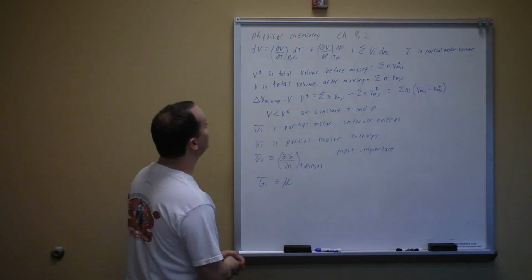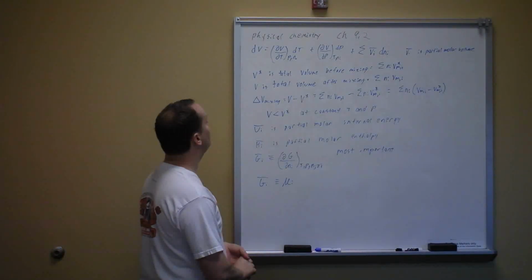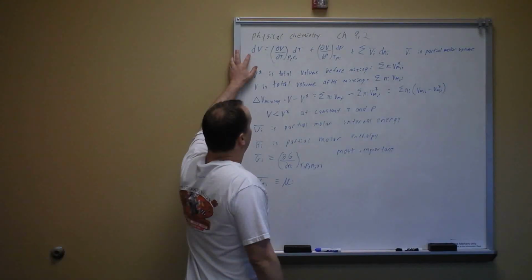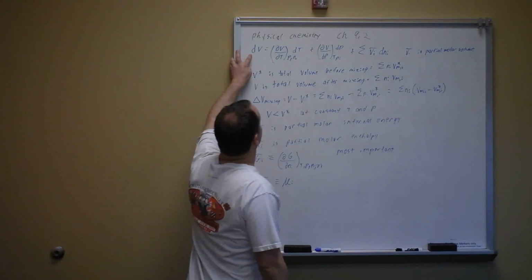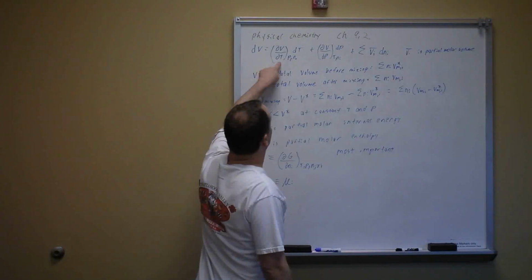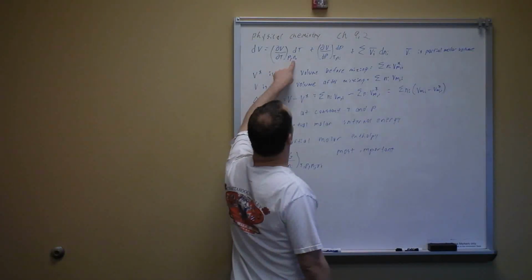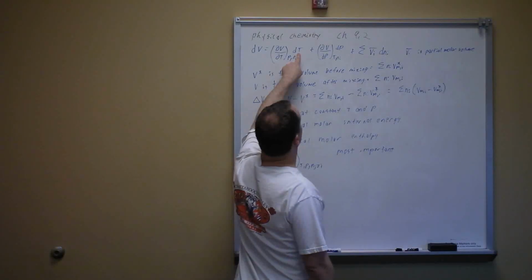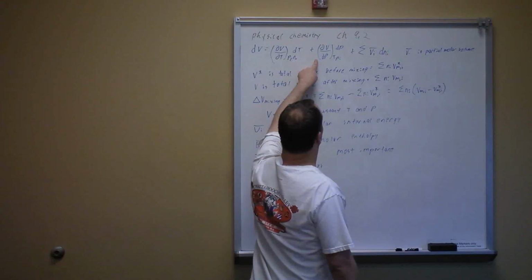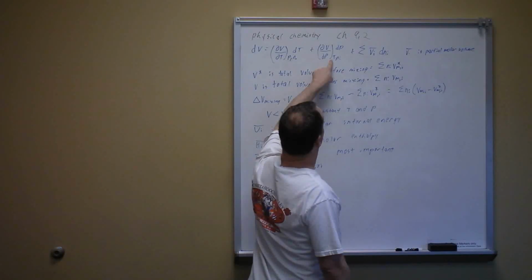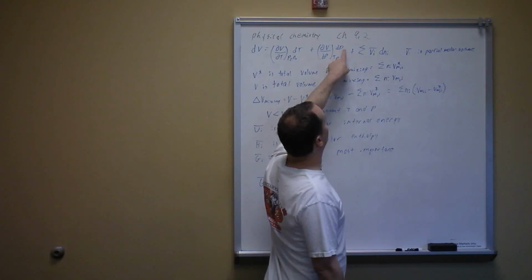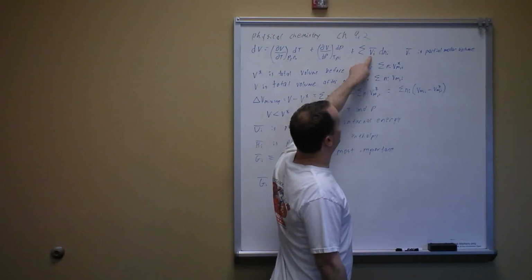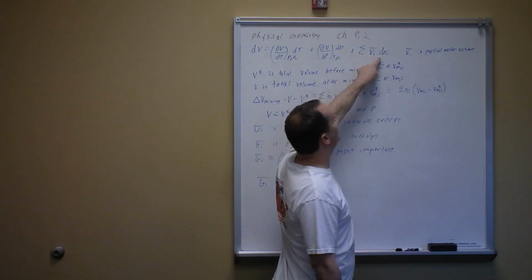Continuing on physical chemistry, chapter 9, we're finishing up section 2 now. Again, we can write the exact differential of volume, dV, as the derivative of volume with respect to temperature, holding pressure and the number of moles constant, dT, plus the derivative of volume with respect to pressure, holding temperature and the number of moles constant, dP, plus the sum of the partial molar volume of substance I times dN_I.